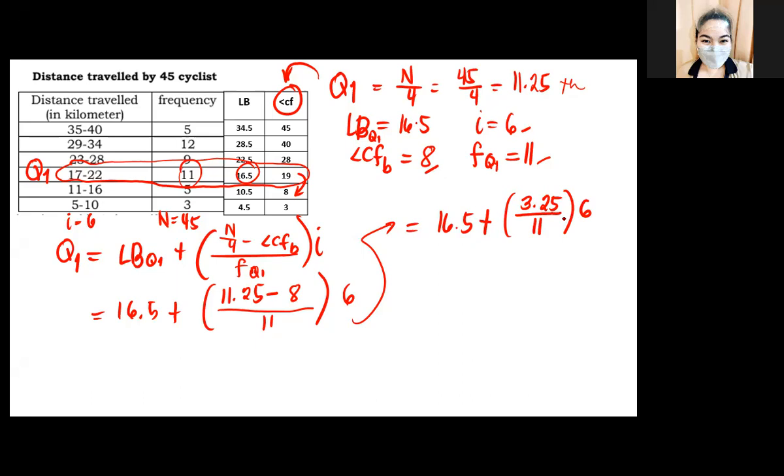So 3.25 divided by 11, ano po yung answer? 0.30 po.